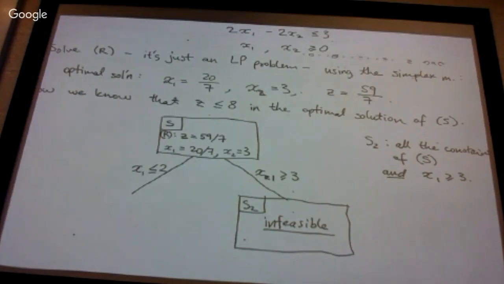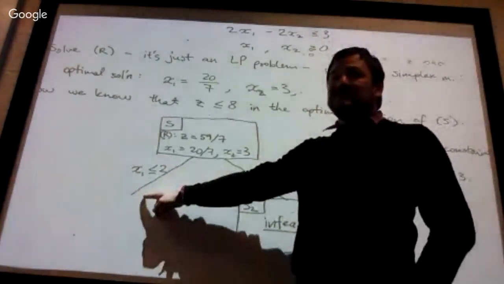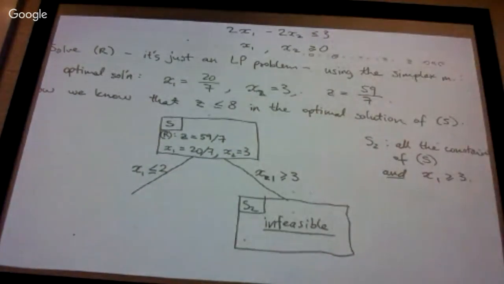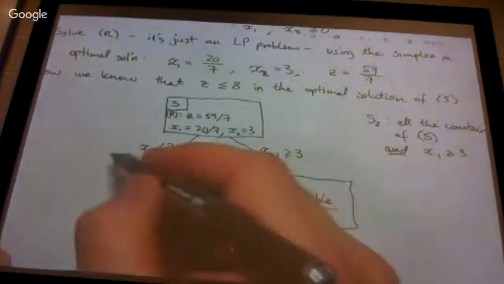Okay, so that's good. So now we know that x1 can't be more than 3. X1 has to be less than or equal to 2.